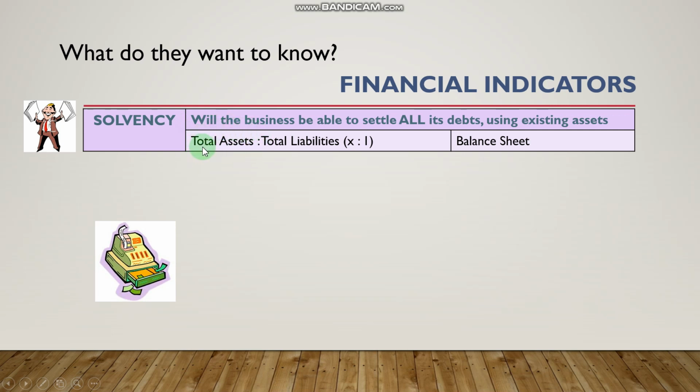And when I calculate this financial indicator, I will look for my total assets. I will get this figure from my balance sheet, like I pointed out here. Where do we get the information? It's in my balance sheet. I would look at my total liabilities, and I would express them as a ratio, X is to 1. So my total assets figure, I will divide by my total liabilities.